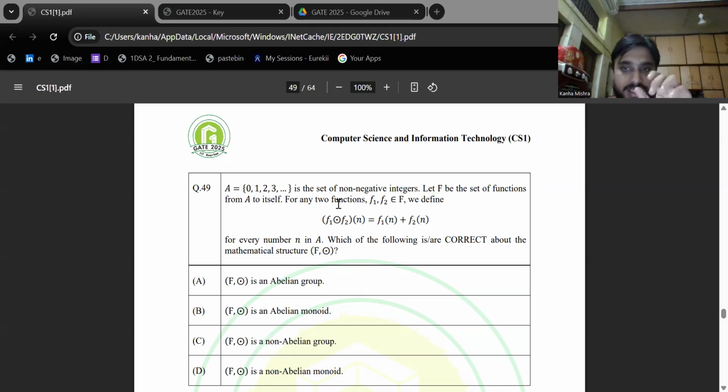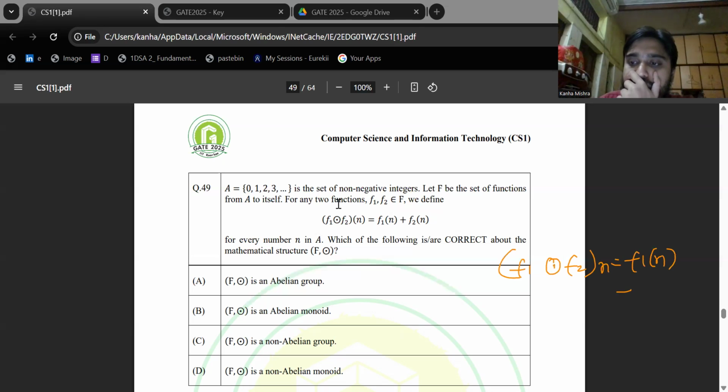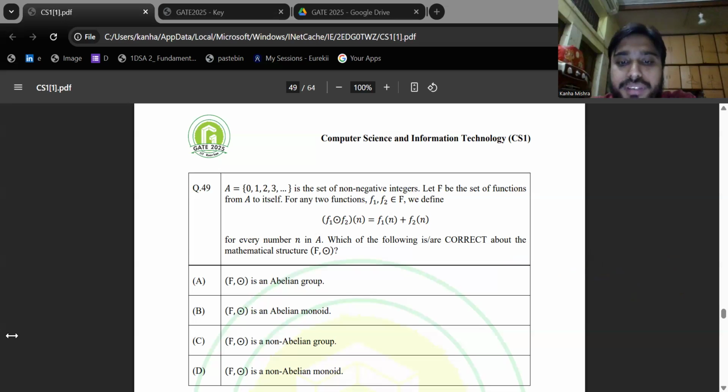Now, the binary operation, represented by a circle dot, is defined as f1 ⊙ f2 of n is equal to f1 of n plus f2 of n. This is what is given in the question. So it is a point-wise addition of two different functions.